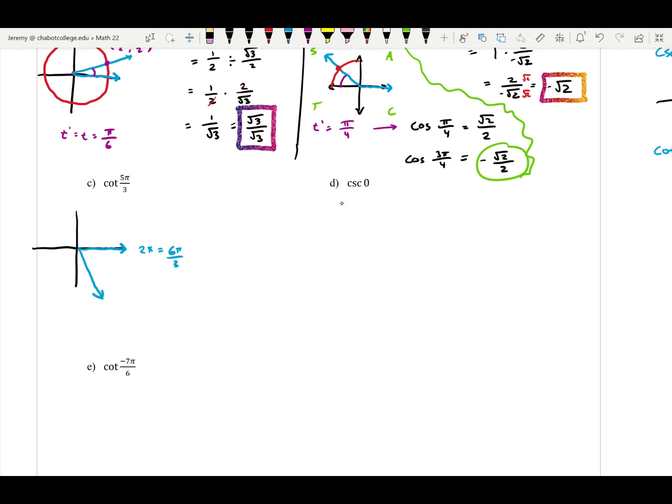You also could have counted all the way around, counting by pi over 3, to get this angle. Since we're in the fourth quadrant, I'll definitely want to think about a reference angle. It's going to be this one right here. So T prime, our reference angle this time, is going to be pi over 3.